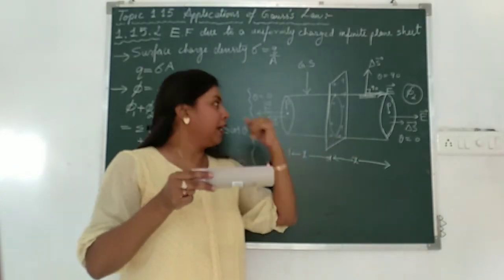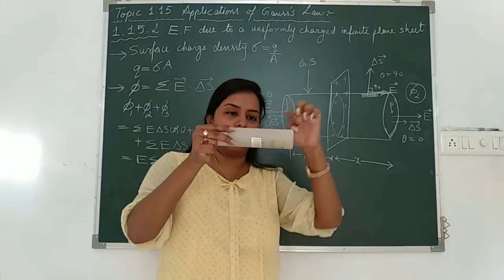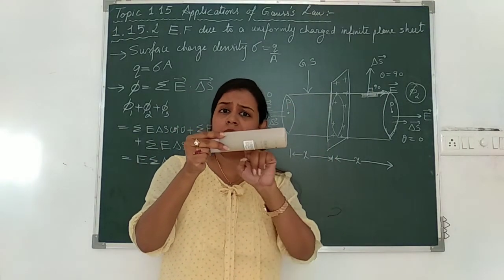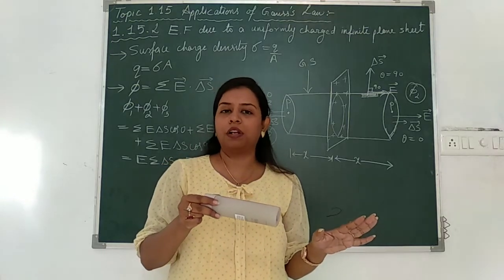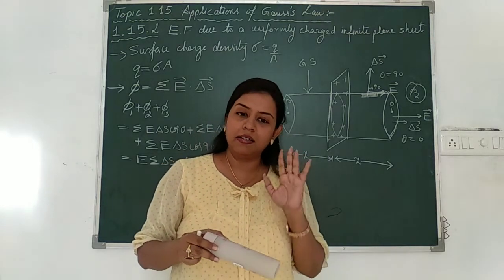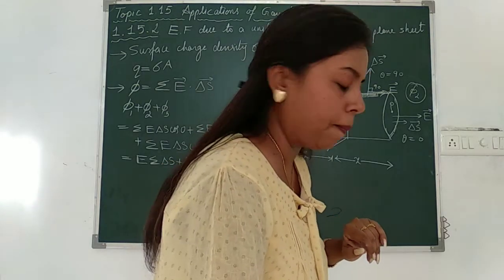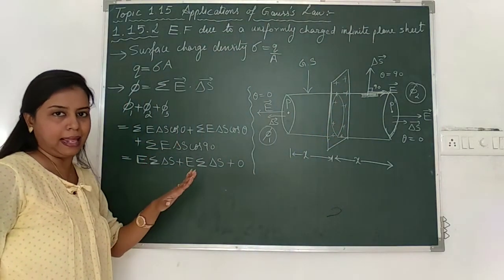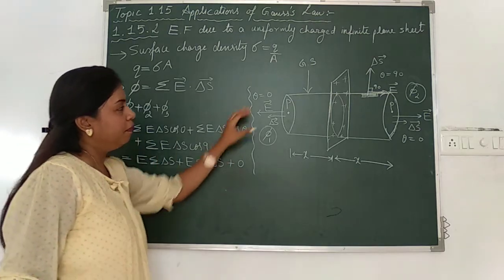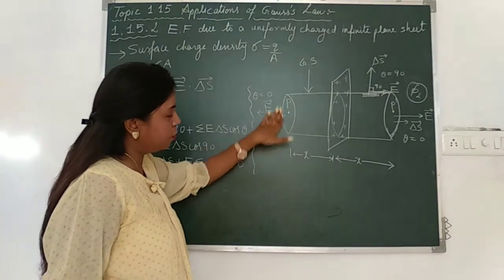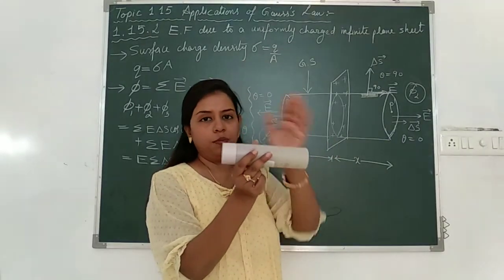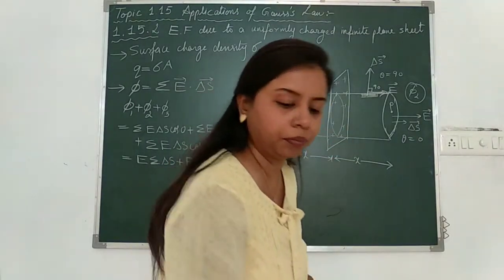So wherever I calculate the flux, either here, or here, or here, anywhere, I am going to get the answer as 0 only. So this whole curved portion gets cancelled. So the remaining delta S is this portion and this portion. That is, these two portions are only remaining.